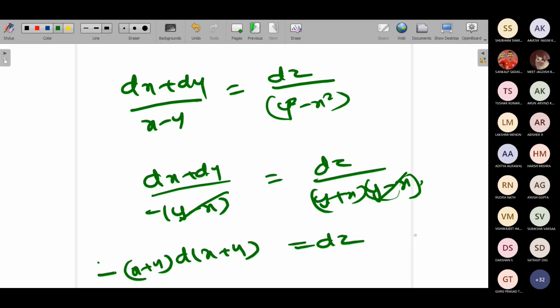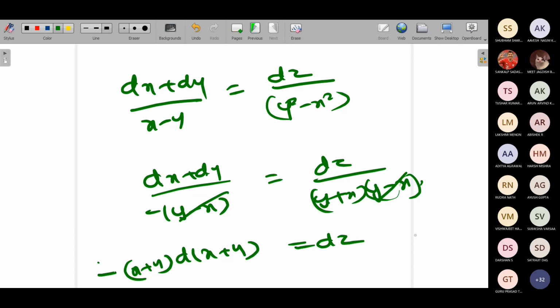This is like x plus y is one term. So what will be the integration of this? Even this form will not fit into it, I guess. This form also will not fit. No, this is not even getting in any form, right? You cannot even integrate this.